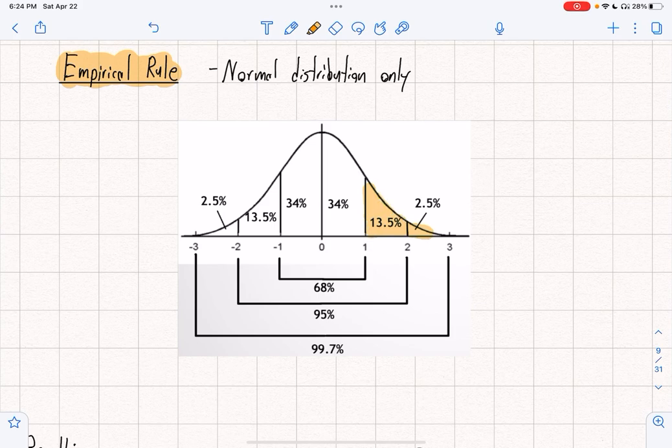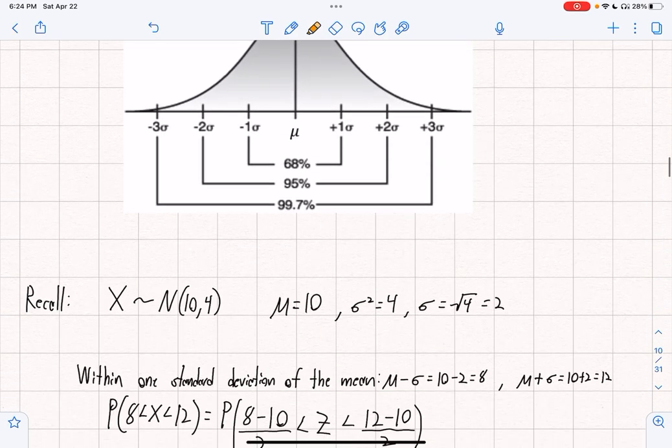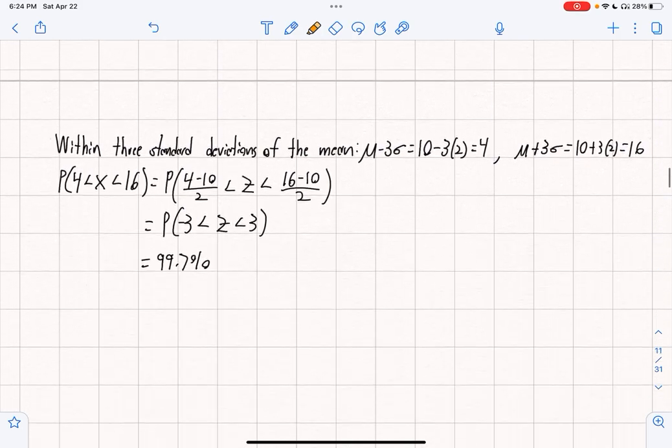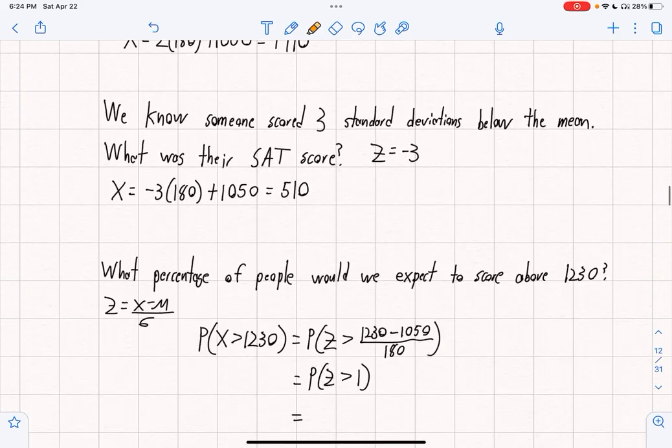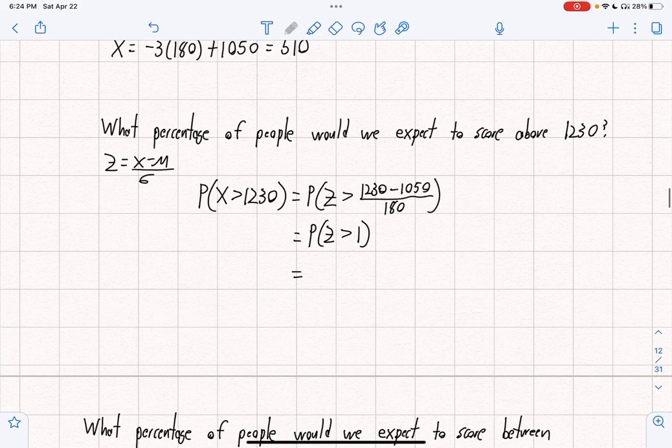So that would be our 13.5% plus the 2.5%. So 13.5 plus 2.5 would give us 16. So this would be equal to 16%. And this is just using the empirical rule.